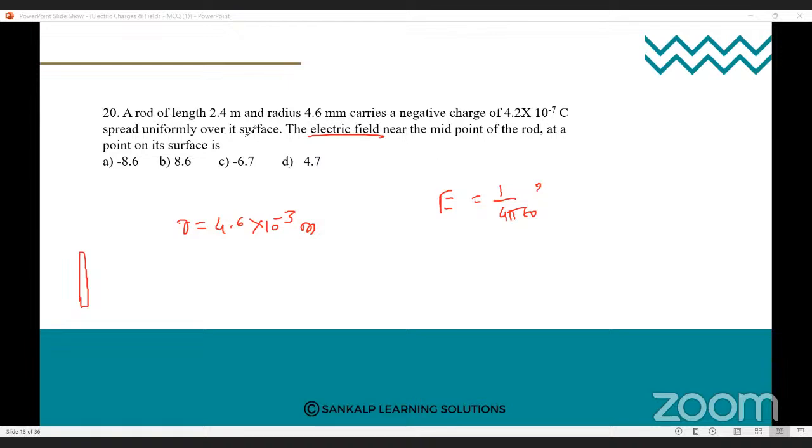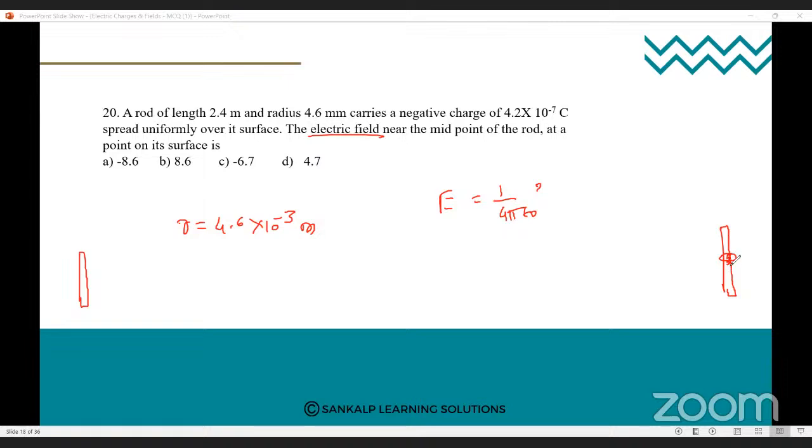But here one twist is there in the question. See, a rod of length 2.4 meter, its radius is given, carries a negative charge of 4.2 into 10 raised to minus 7 coulomb spread uniformly over the surface. The electric field near the midpoint of the rod.